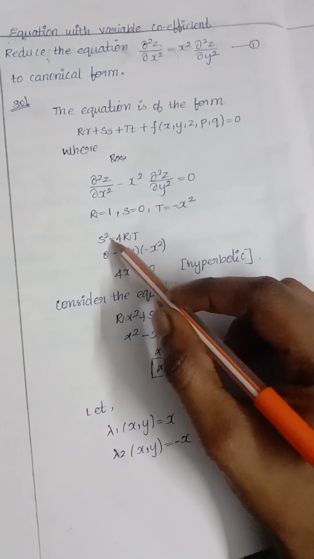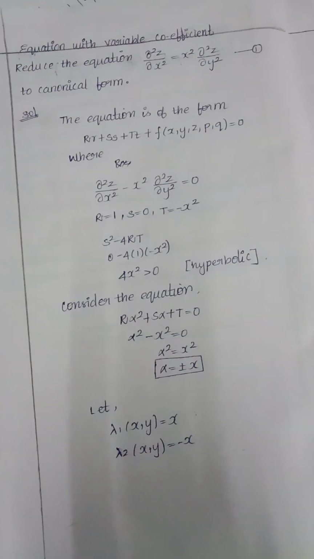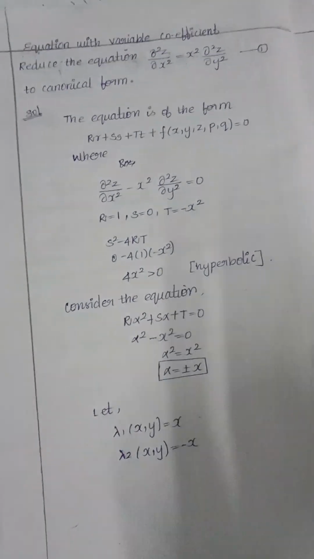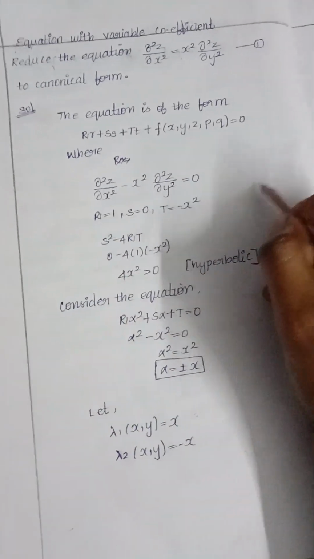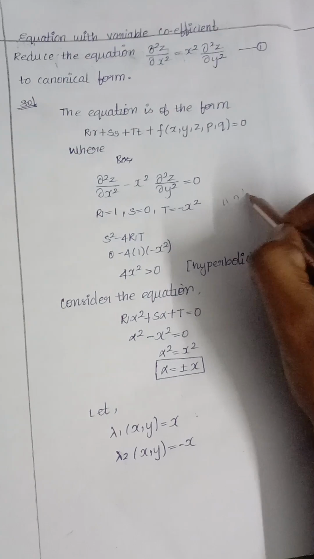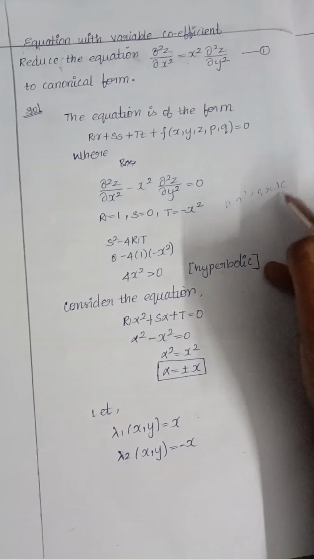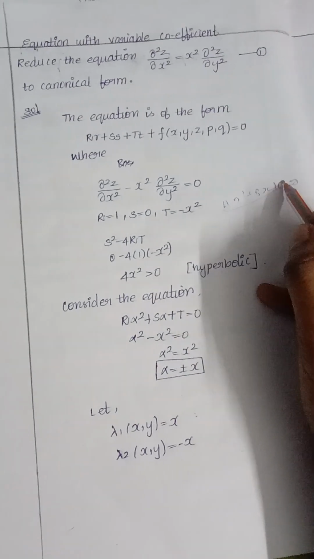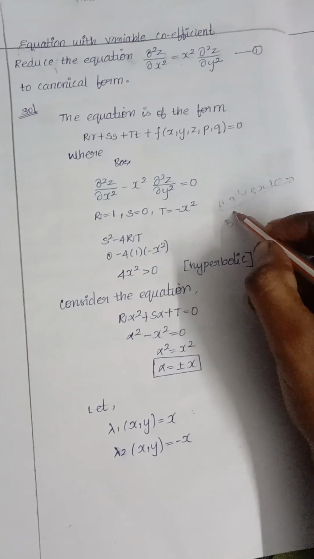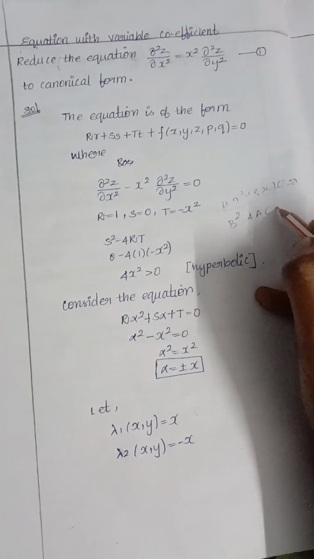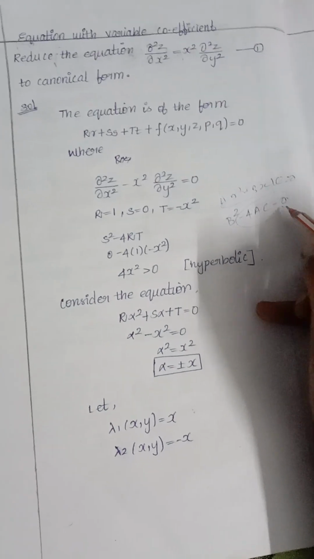So we have three types of equation: if it is in the form of a quadratic equation, we have to find whether it is parabolic, hyperbolic, or elliptic. We compare S² - 4RT with ax² + bx + c = 0, where we take b² - 4ac.